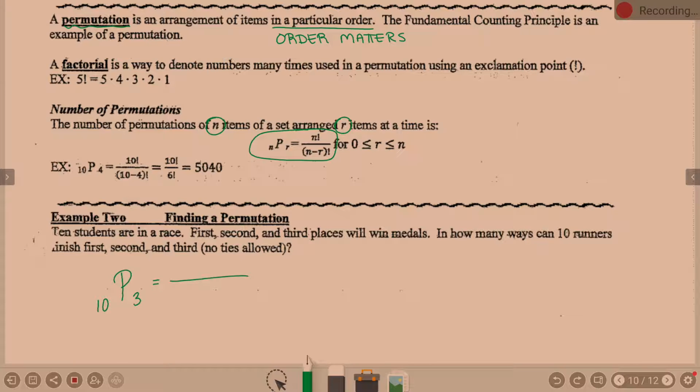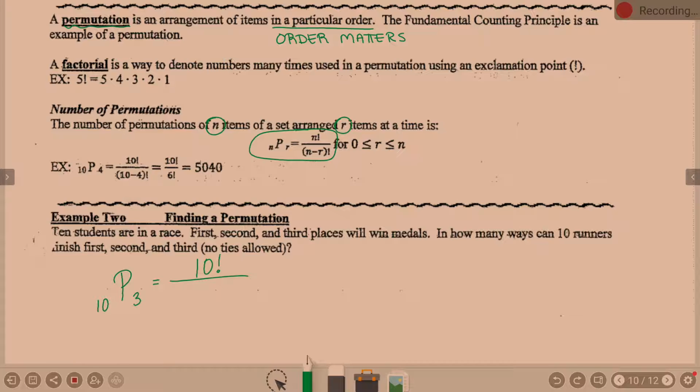Now, check out your formula. If it's 10 runners arranged 3 at a time, what does that say to do? On top, we're going to put our big number, right? So on top, we're going to do 10 factorial. On bottom, n minus r factorial.